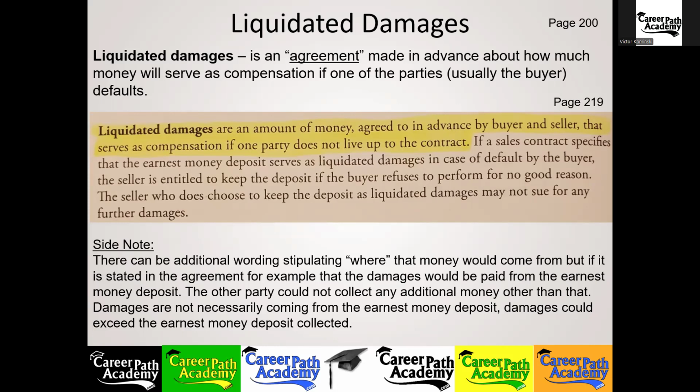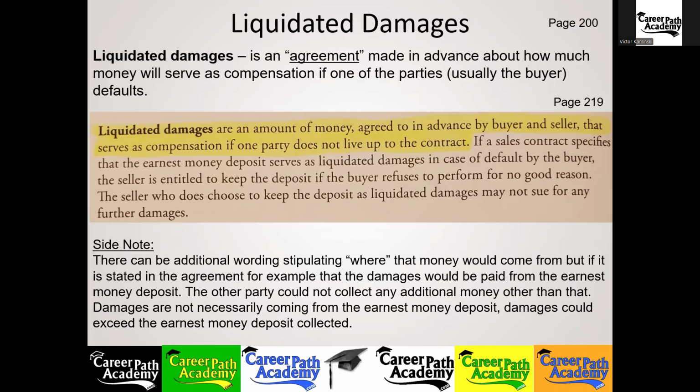See, liquidated damage agreements could be well beyond that amount. And then you just have to make a claim that, hey, they contractually agreed to give money and be responsible for this amount of money. However, they did put the deposit down. We'd like to keep that deposit then.